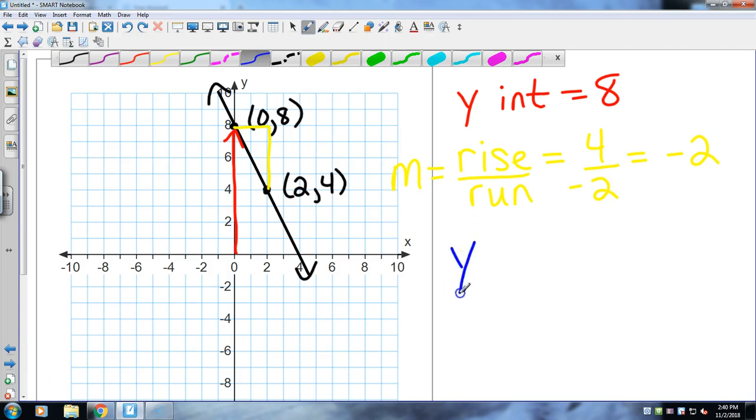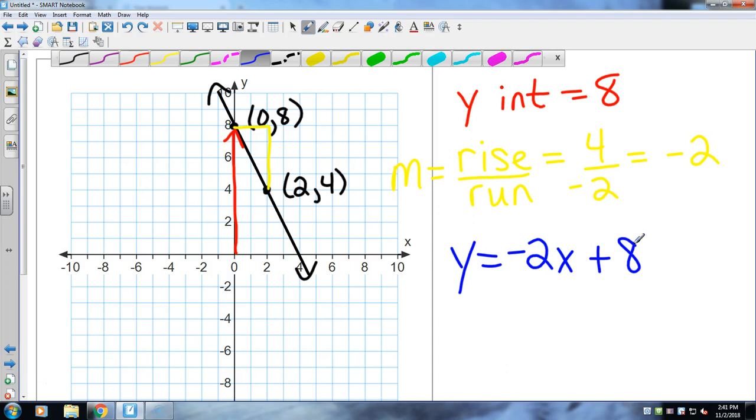That's going to be y equals -2x plus 8. Just taking the points that they gave us and putting those into the slope-intercept form. You'll see in some of the problems in the book, they will just give you the points, and you'll need to go ahead and graph those and get that information.